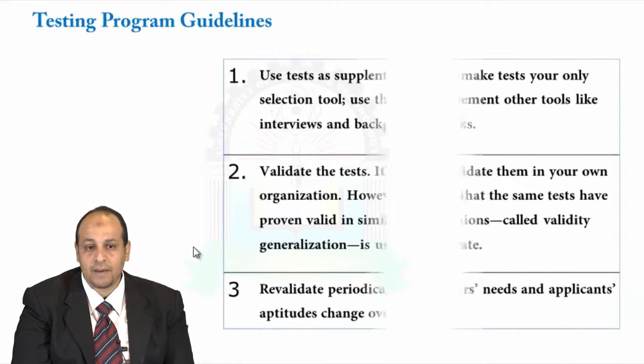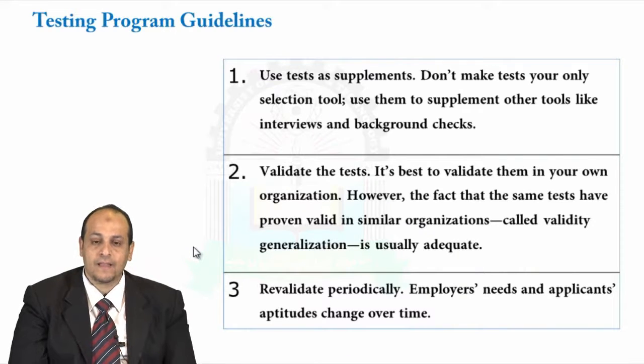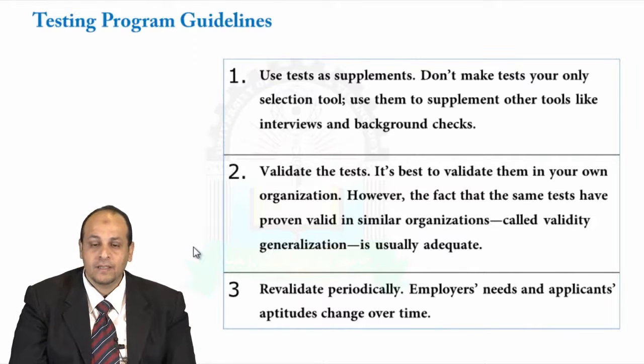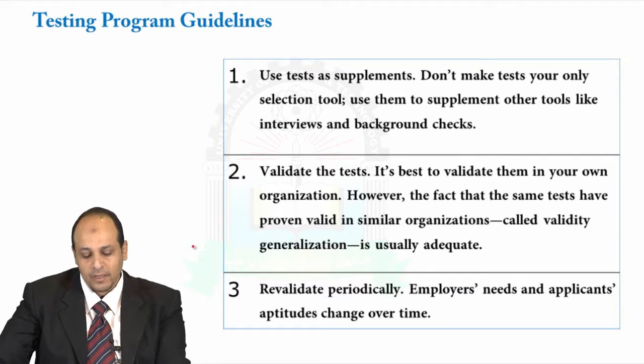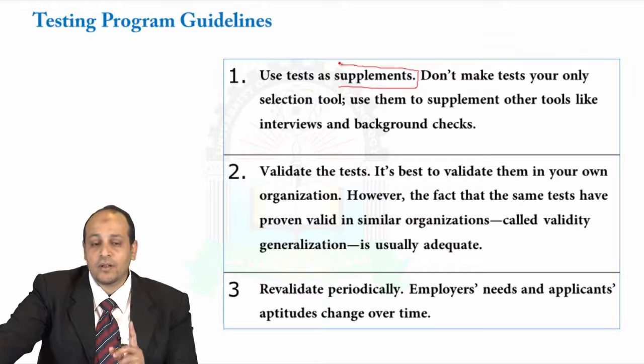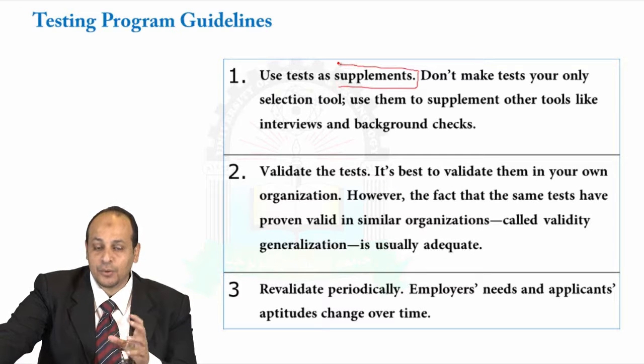Now, testing program guidelines. We said that among the things we have to consider are tips on how to do the right selection using the right test. For example, as you see here, use tests as supplements, which means that a test is only one way that can help choose the candidates among the others.